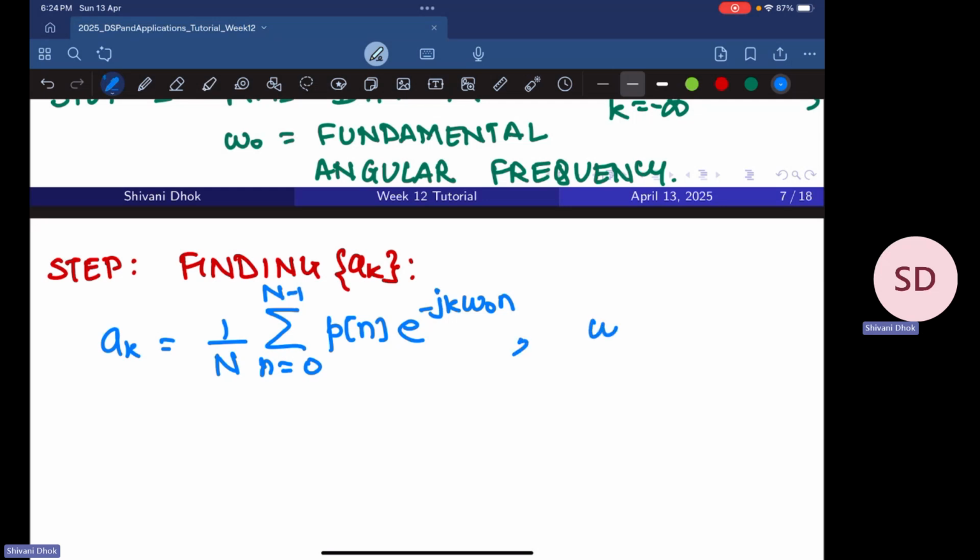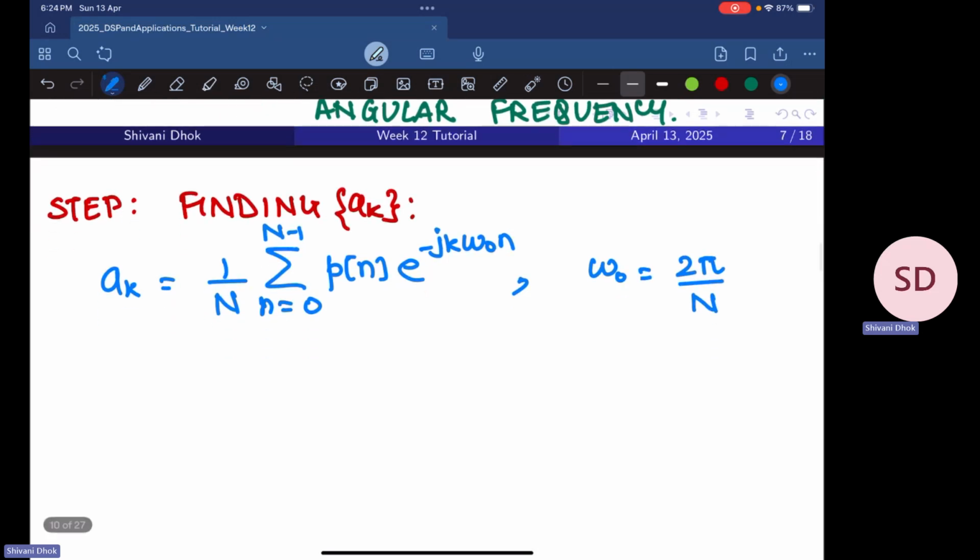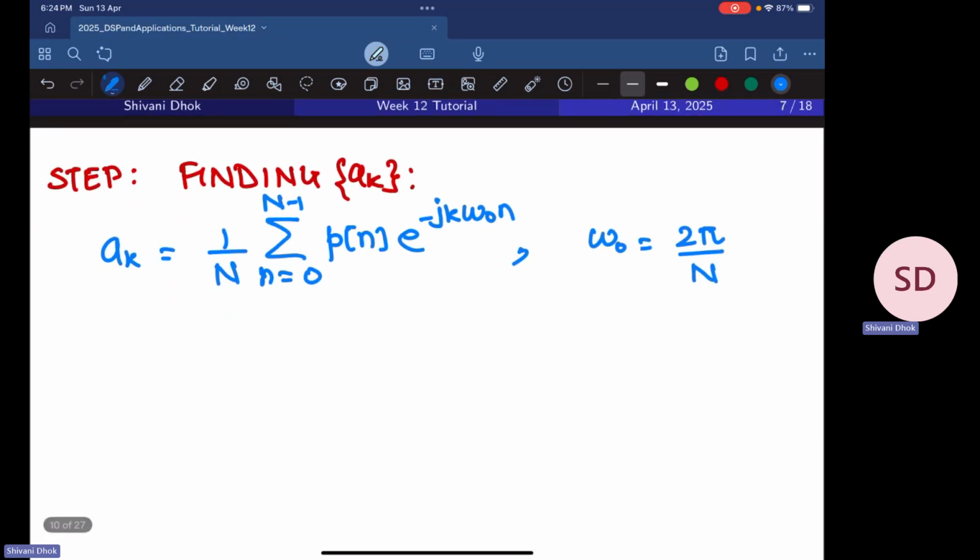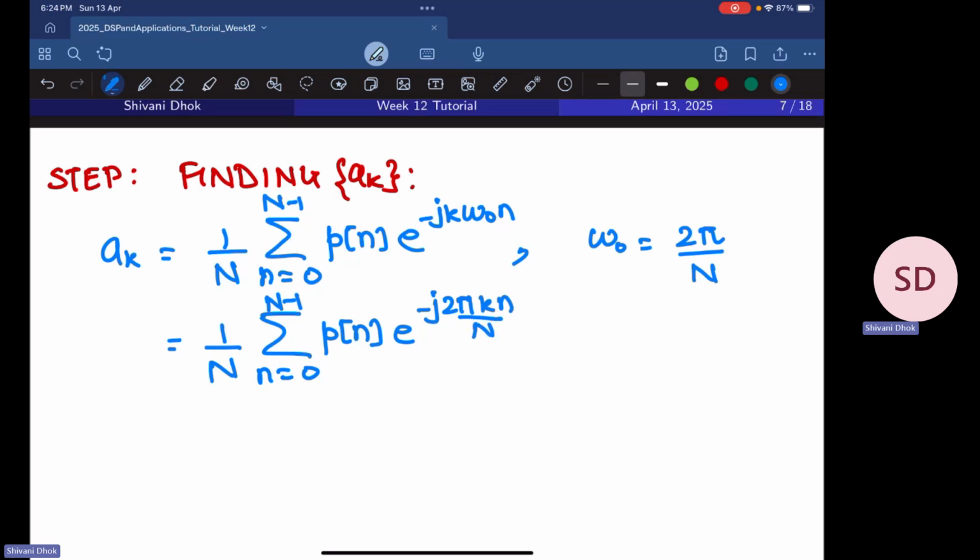And what is omega naught? Omega naught is 2 pi by N, where N is the period. So let me substitute it back here. So what do I get? 1 over N summation n equal to 0 to N minus 1 p of n into e power minus j 2 pi k n by N.